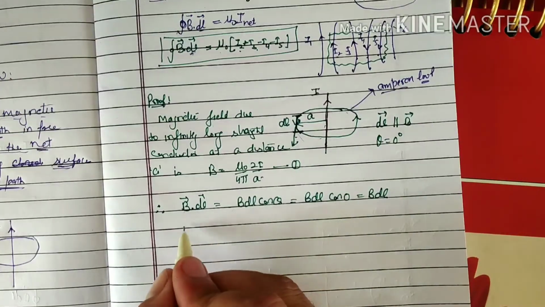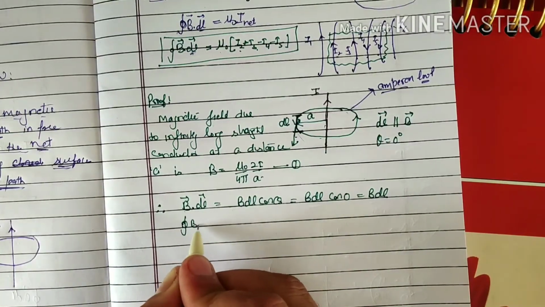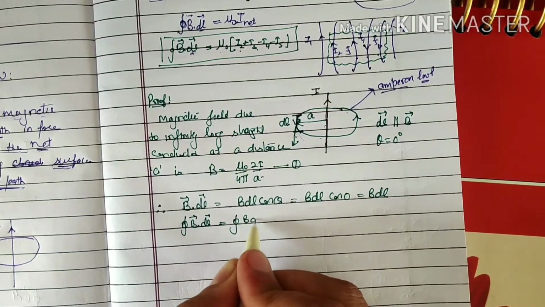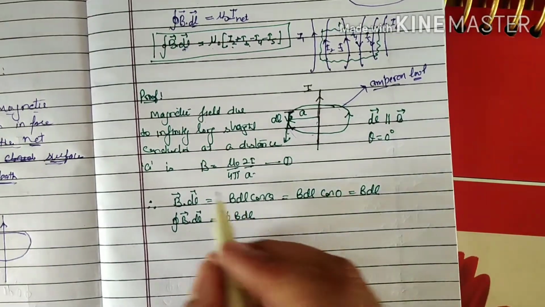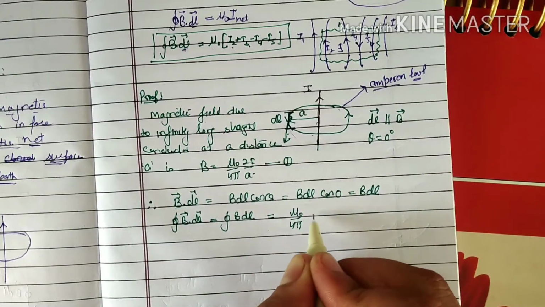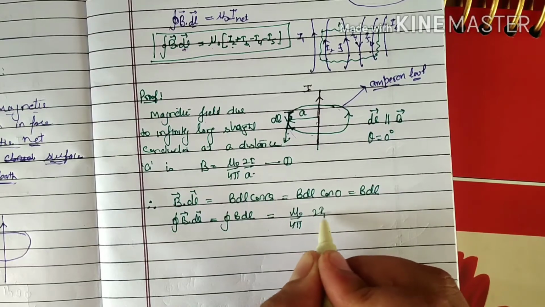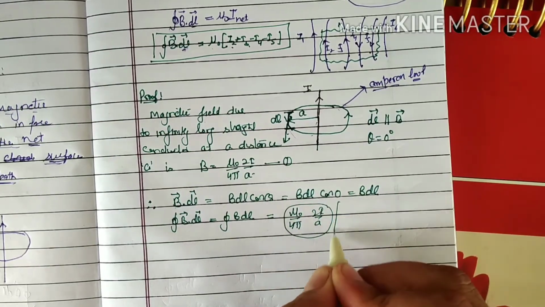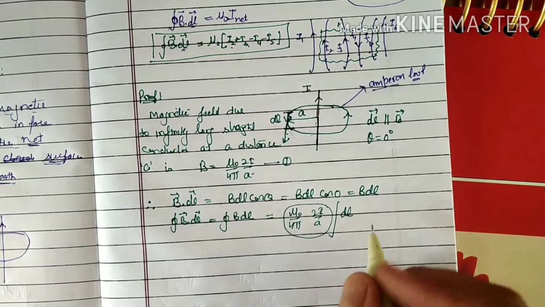Now when we take the line integral over the closed path, this becomes ∮B·dl. In equation 1, the value of B is given as mu naught upon 4 pi into 2I upon a. That is a constant value, so we keep it outside the integration.